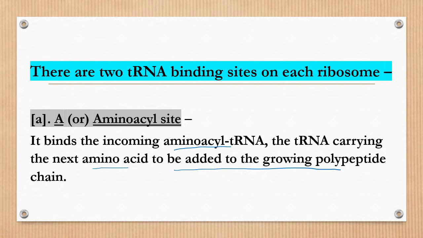That means the polypeptide chain is formed from many amino acids. Amino acid 1 binds with amino acid 2, binds with amino acid 3, like that, with n number of amino acids present. Now, the next amino acid is added to the chain to make it grow. How is it added?